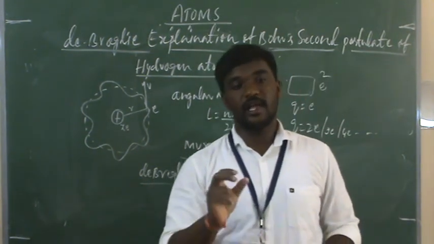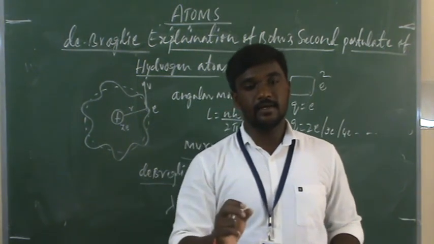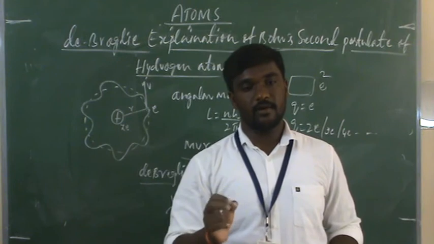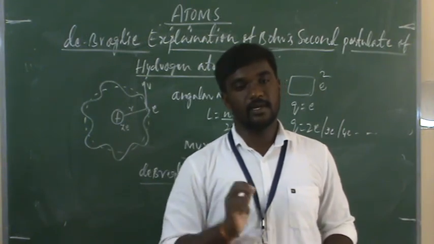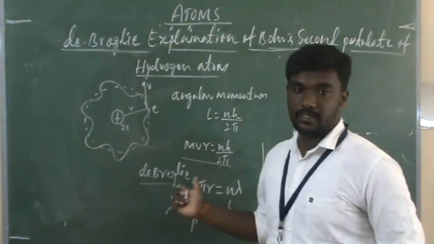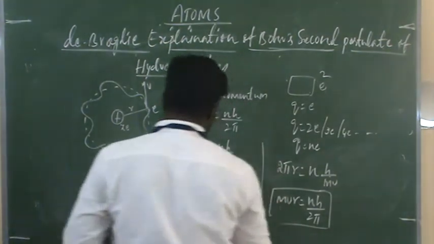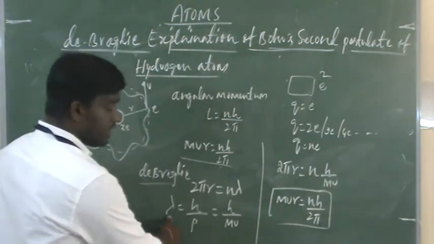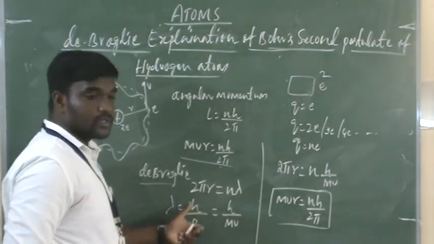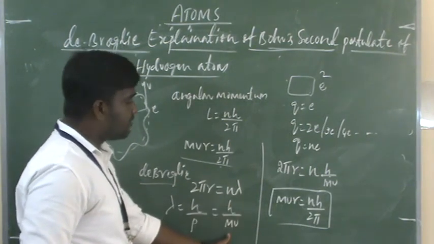Which kind of wave? A standing wave. So the circumference of the orbit is an integral multiple of de Broglie's wavelength, n lambda. So 2 pi r is equal to n lambda, where lambda is equal to h by p, and p is momentum mv.